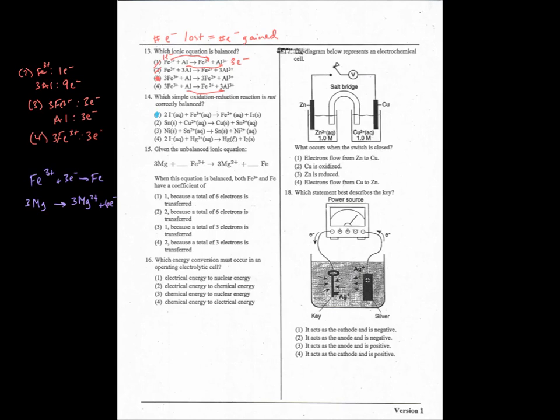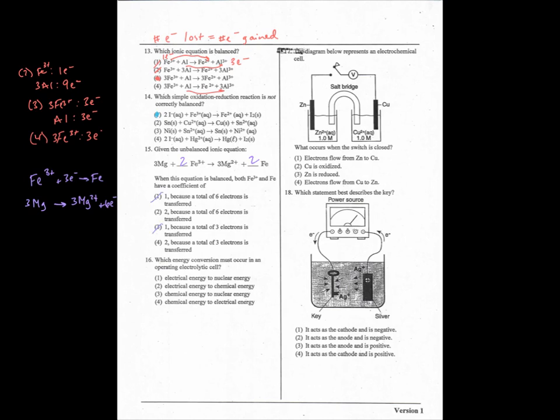Now, because these two aren't exactly balanced out, we need to make sure that the same number of electrons are being exchanged between both reactions. So in order to make this equal out to 6 electrons, we double this entire thing. Okay? And so all of these ions, Fe's, are going to have a coefficient of 2.